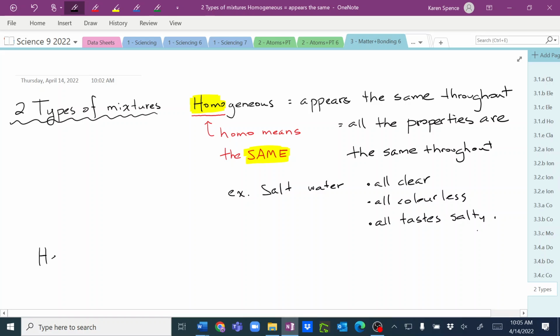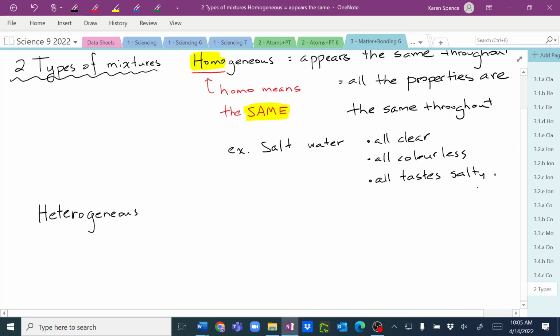So heterogeneous, and hetero means different. And actually these prefixes will come up again if we get that far in our biology unit.